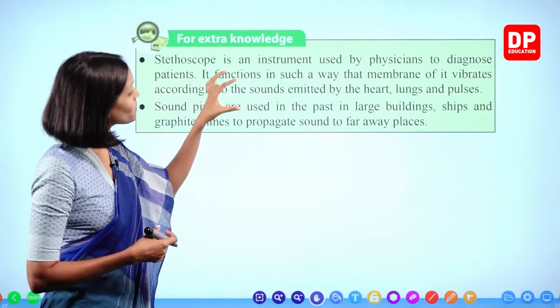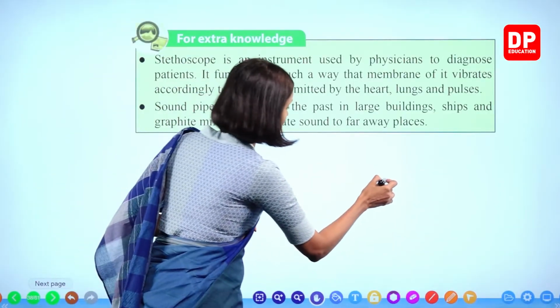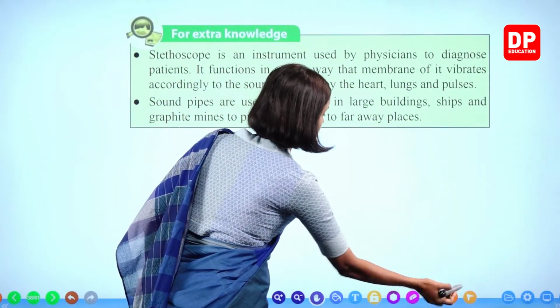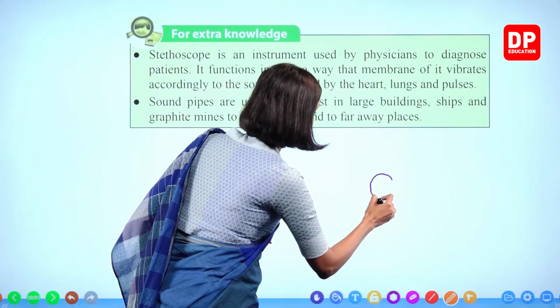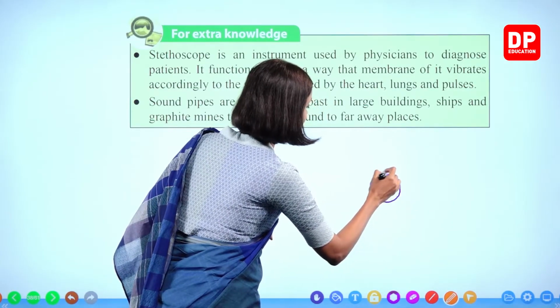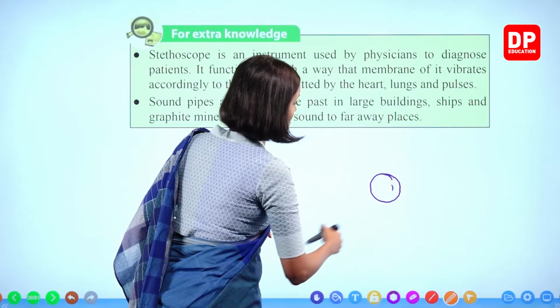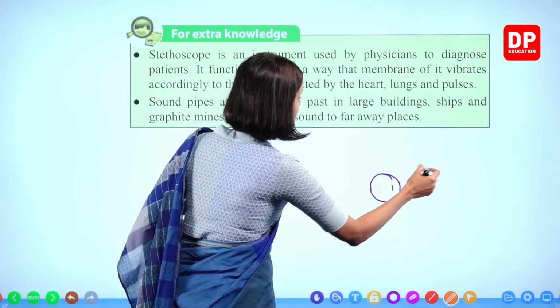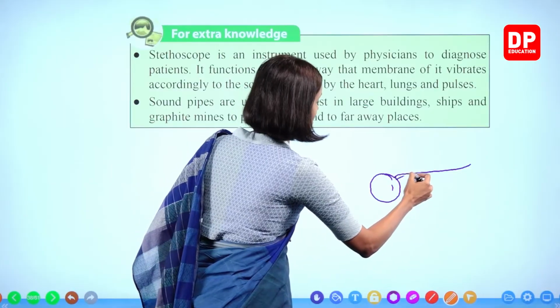Right? So when you consider the stethoscope, it has this type of part. It has a membrane-like part, right? It's covered with something like this.